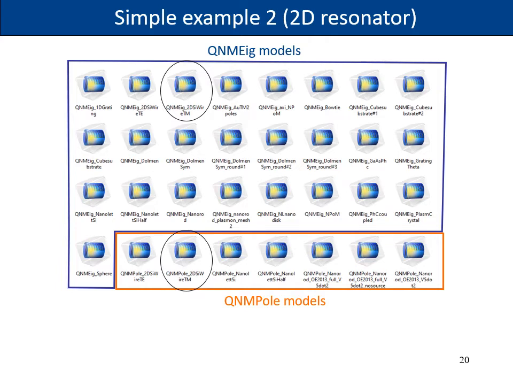Models beginning with QNM-eig and QNM-PO are used with the QNM-eig and QNM-PO solvers, respectively. Therefore, in this specific coupled nanowire example, you should use the MAN model QNM-eig 2D silicon wire TM if you would like to use the QNM-eig solver to compute the resonance modes of the system. And if you would like to use the QNM-PO solver, you should otherwise select the QNM-PO 2D silicon wire TM model.